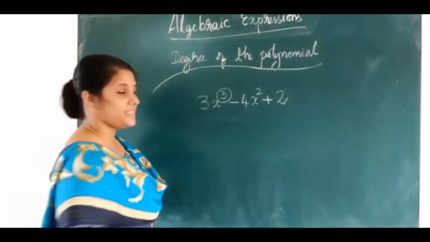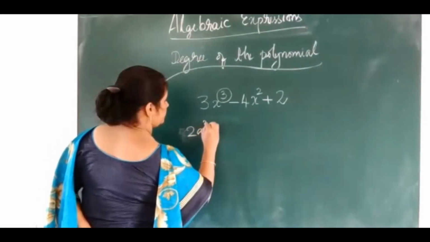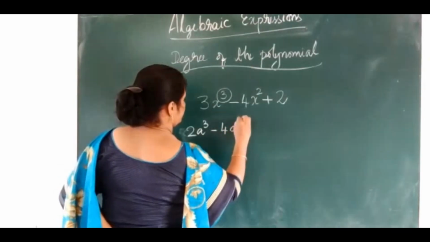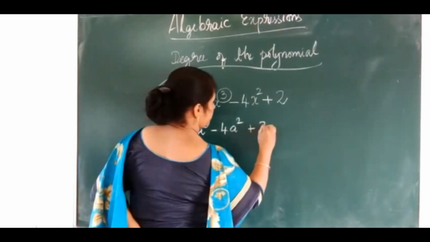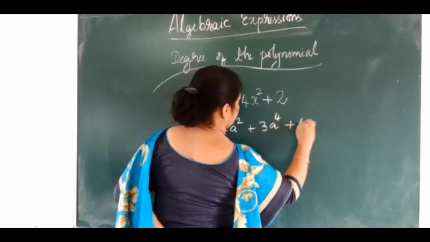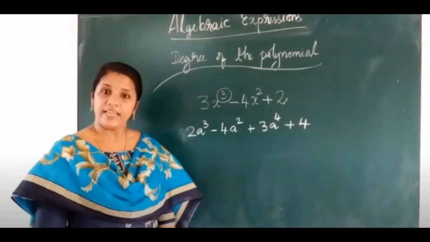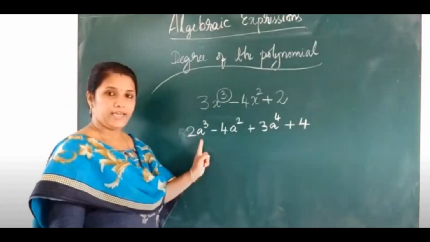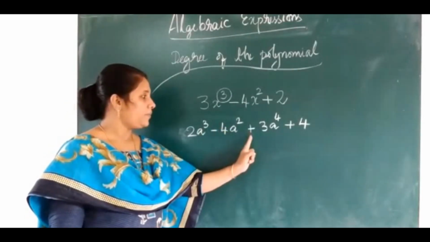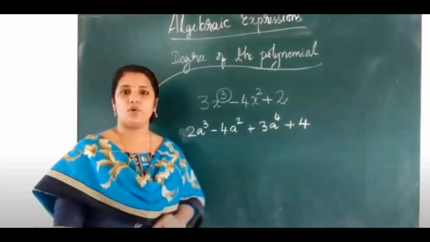Let's see another example. It is another polynomial in a, 2a cubed minus 4a square plus 3a raised to 4 plus 4.